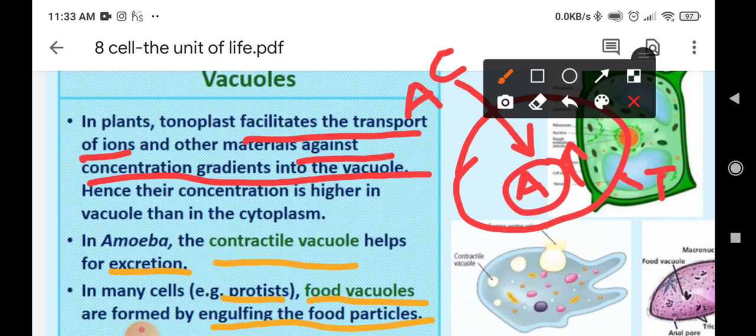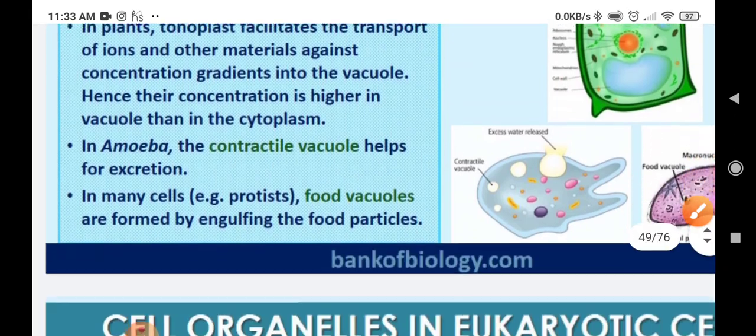So in some organisms like amoeba, the vacuole is known as contractile vacuole, as it expels or eliminates the excretory material. And in some it is known as food vacuole, as it is formed by engulfing the food particles. So this is about vacuole.